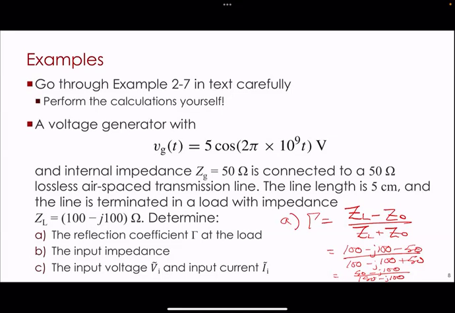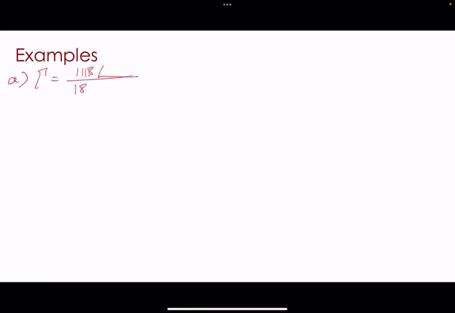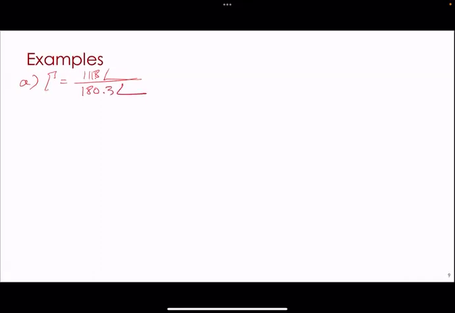So punch it into your calculator and let's see what it spits out for the numerator, let's say. So I just wrote down the magnitudes, but to get those, it would just be like 50 squared plus 100 squared.